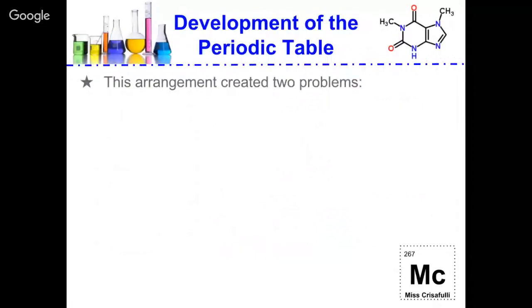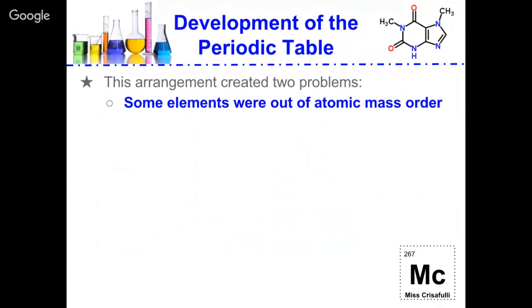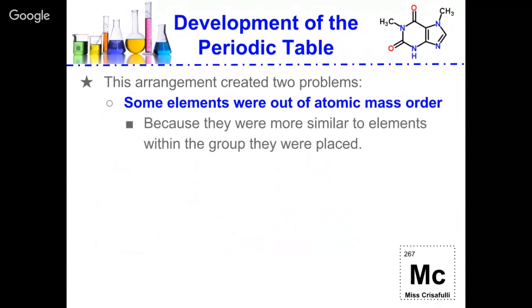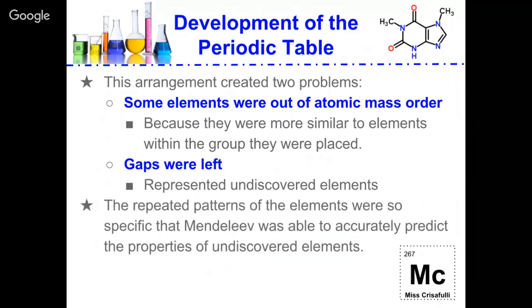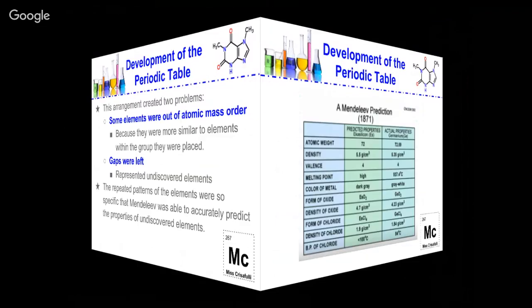So this arrangement from Dmitri Mendeleev caused 2 problems. Some of the elements were out of atomic mass order because they were more similar to elements within the group that they were placed. And there were gaps, and these gaps represented the undiscovered elements. Patterns of the elements were so specific that Mendeleev was able to accurately predict properties of undiscovered elements.